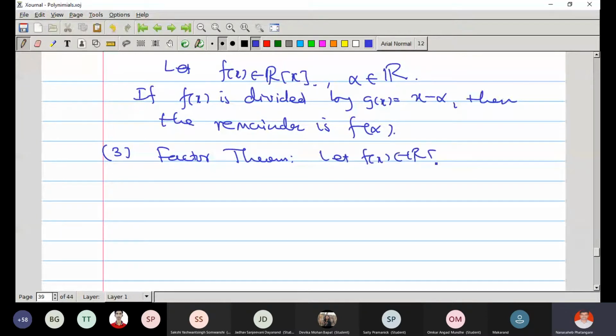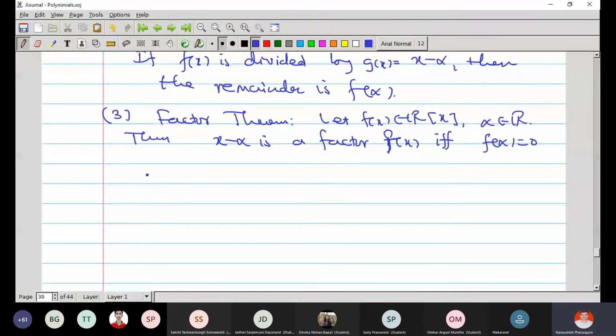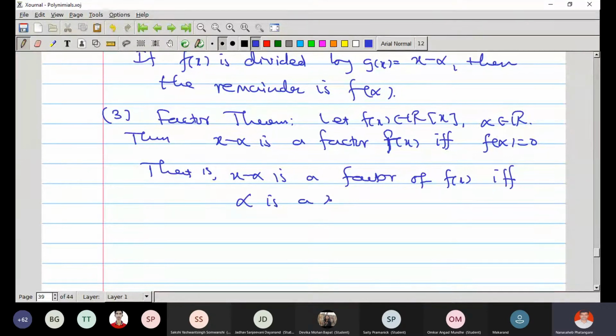Then x minus alpha is a factor of f of x if and only if f of alpha is equal to 0, that is, if and only if alpha is a root of f of x.